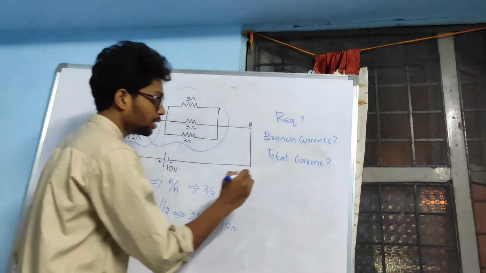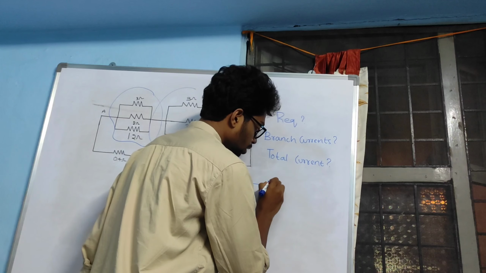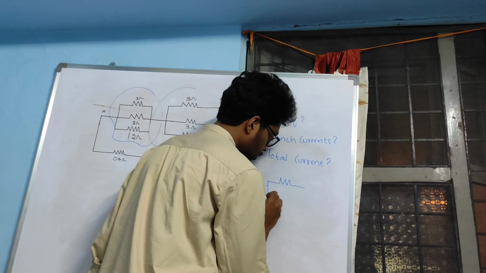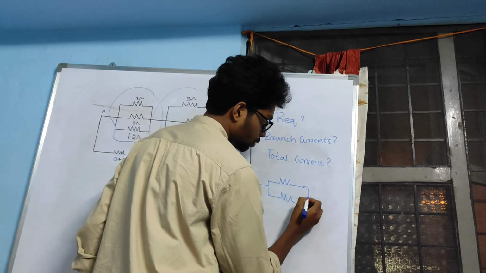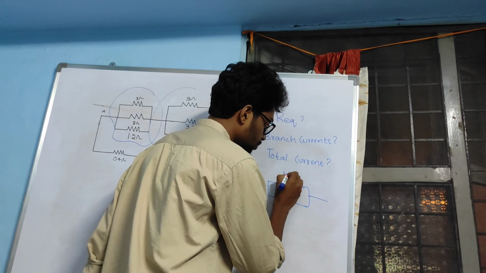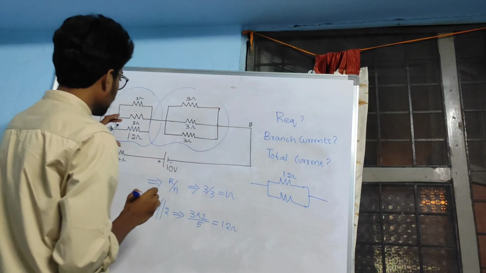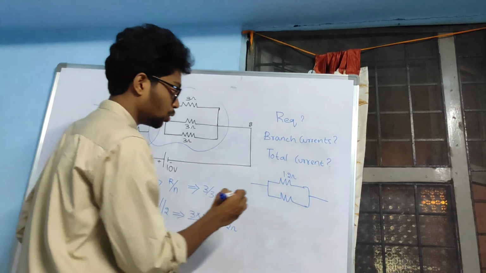So I am making the equivalent circuit for this combination. 3 and 2 in parallel give 1.2 ohms, and here I already have 1.2.